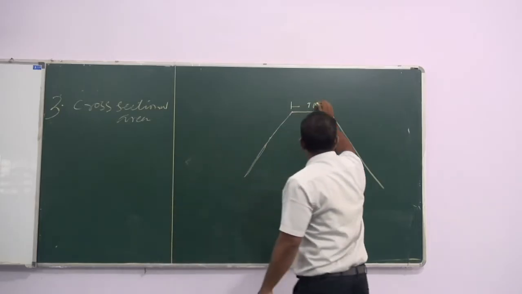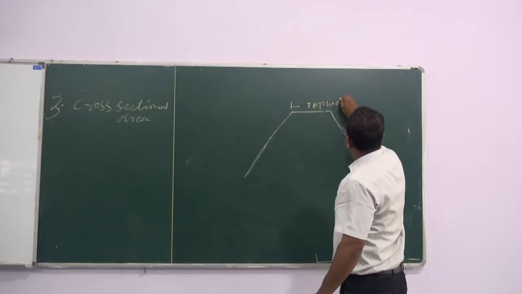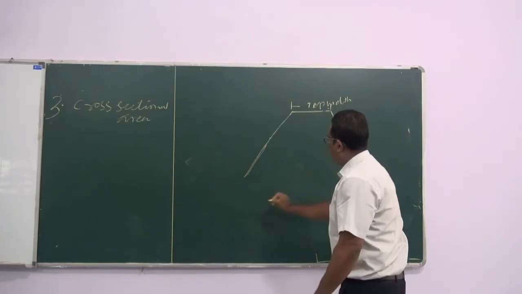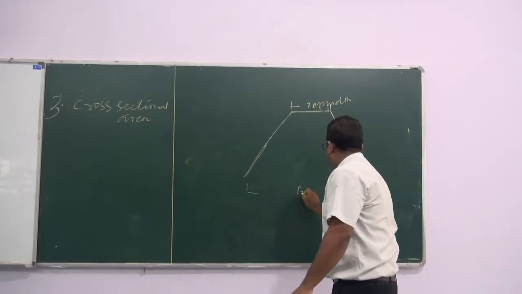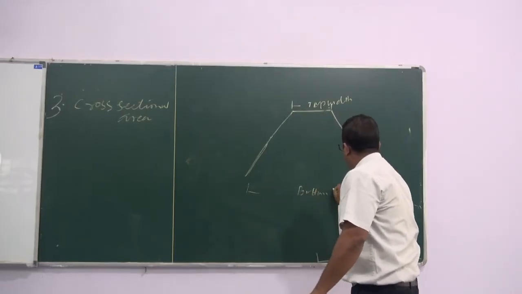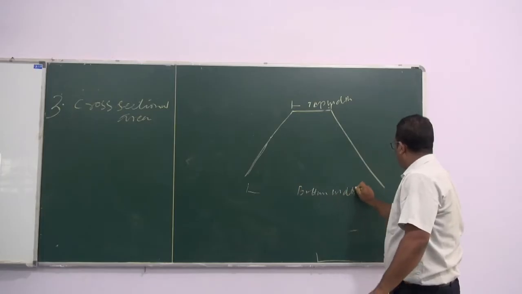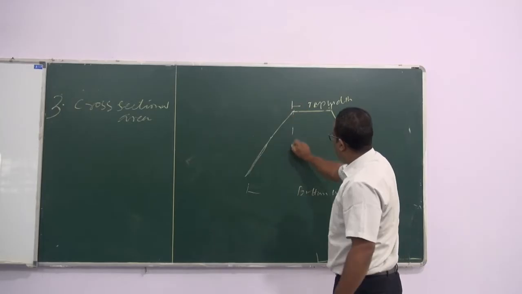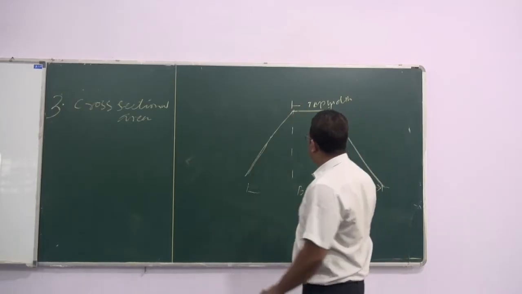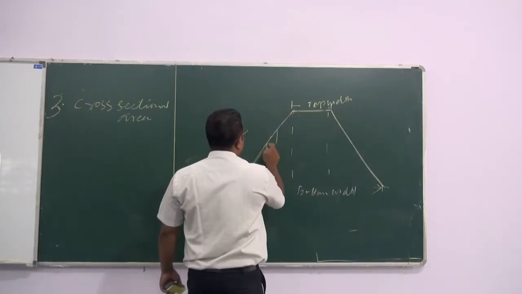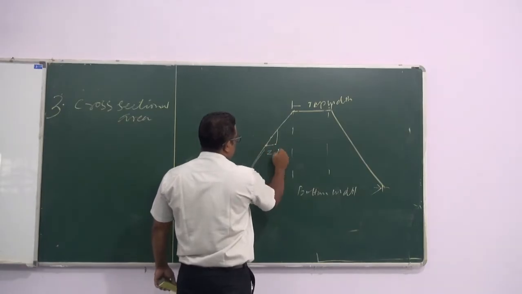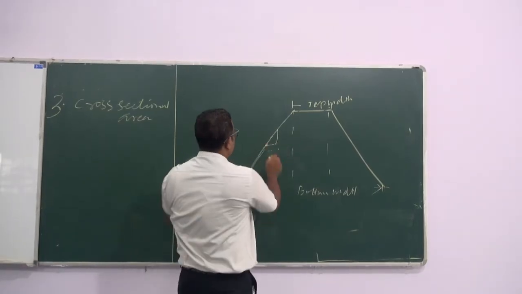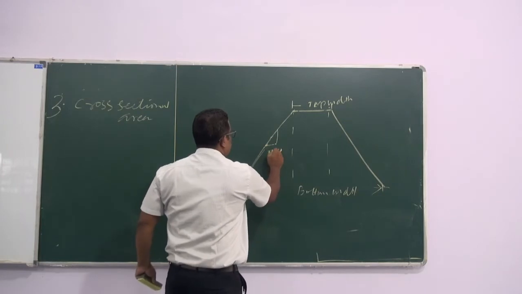This is the top width, and this is your bottom width. And this is your side slope, Z is to 1. You can write horizontal is to vertical.